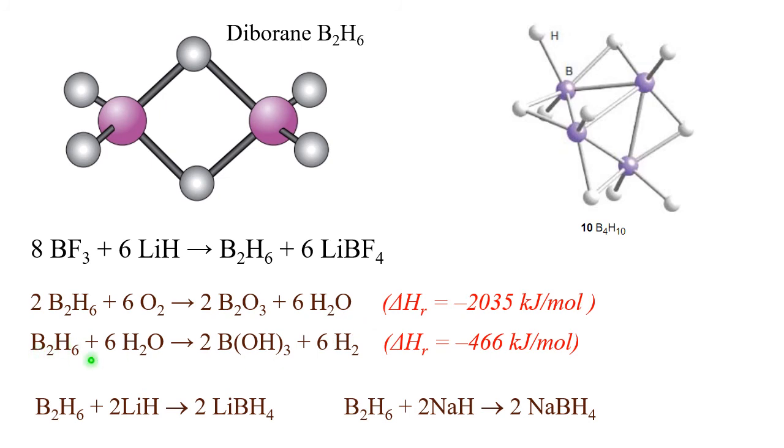It can react with moisture to make boric acid and hydrogen, again very violently. B2H6 easily reacts with lithium hydride, an additional portion, to make lithium borohydride, or with sodium hydride to make sodium borohydride. In lab, you can reverse this reaction and make B2H6 out of sodium borohydride.